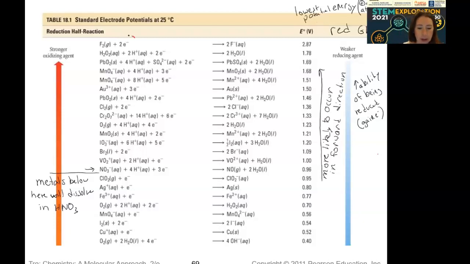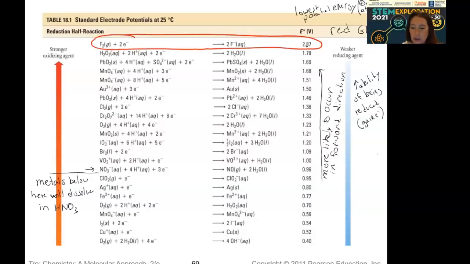Up here, this reaction has an electron potential of 2.87. So it's very positive versus, let's use this one because we all had this one in our lab. This one isn't as positive.